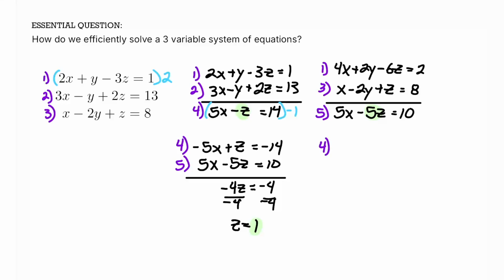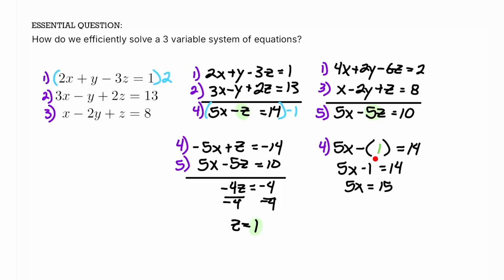So that's going to give me 5x minus z equals 14. And I'm going to plug that 1 in there. So I substitute z back into either equation 4 or 5. That gives me 5x minus 1 equals 14. 5x equals 15.